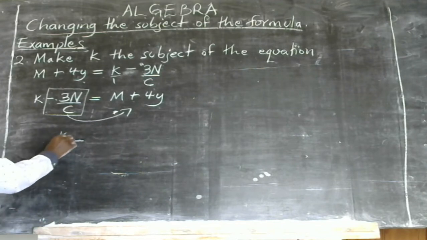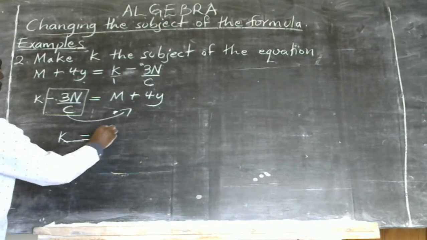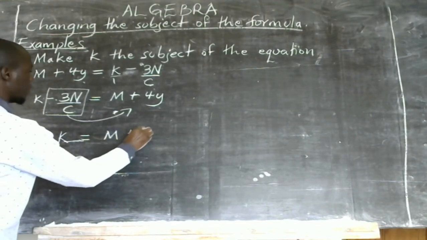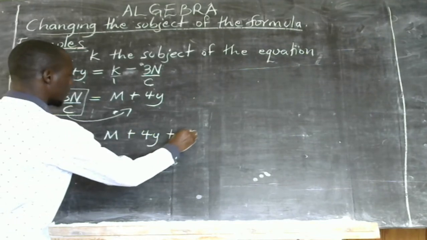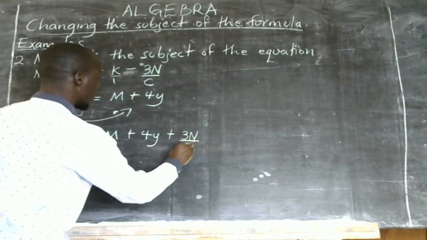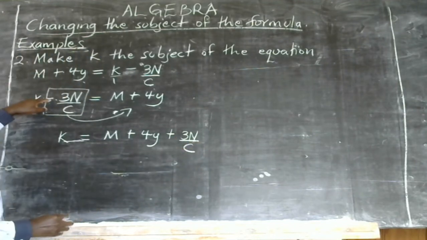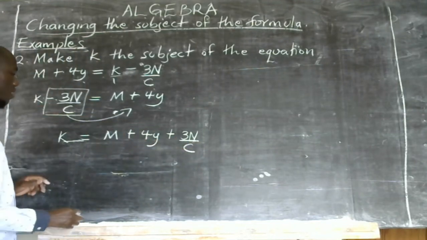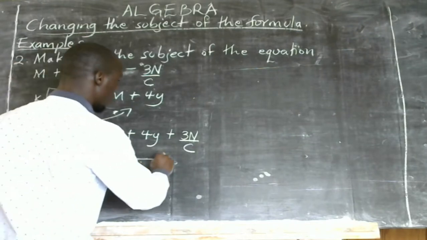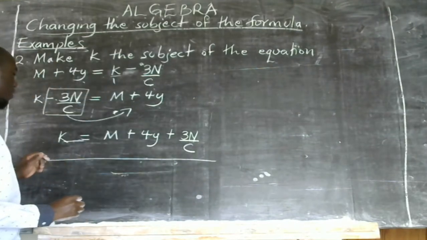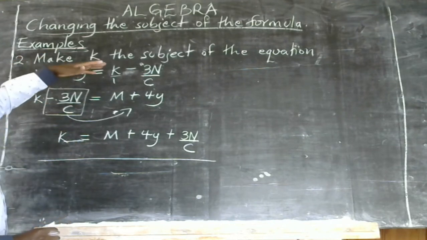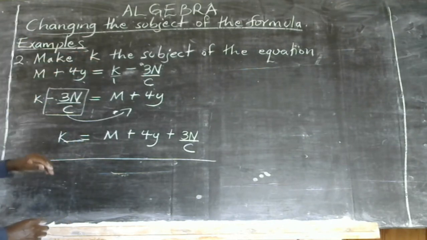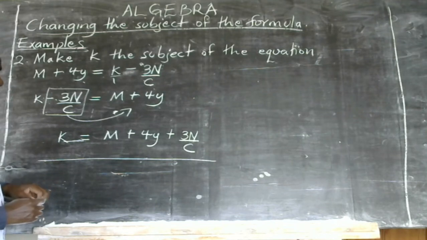So this is going to be k is equal to m plus 4y then plus 3n all over c. It has been a negative, now it is a positive. So even if I don't simplify any further, because I've not been told to simplify, I've been just told to make k the subject of the equation there.